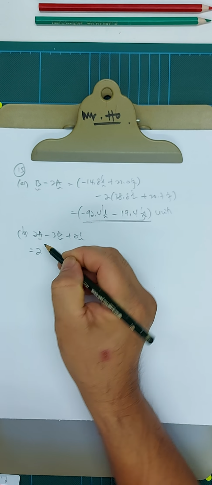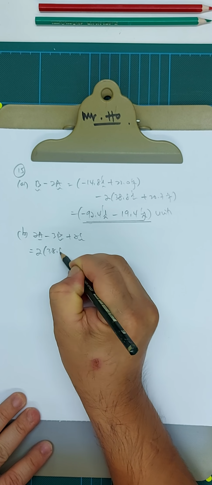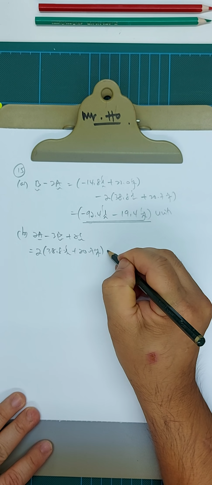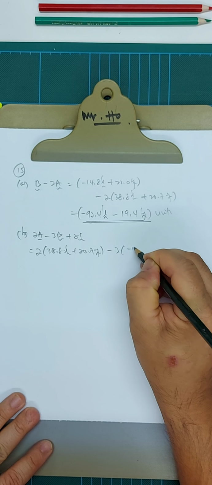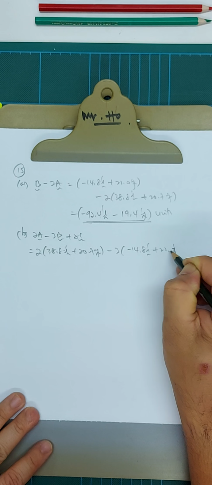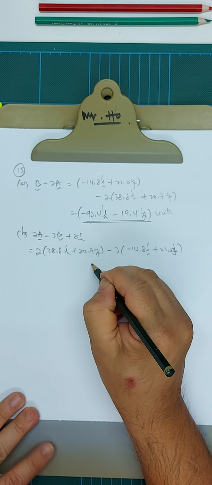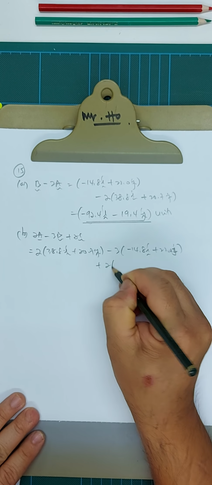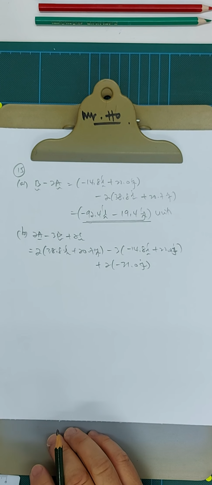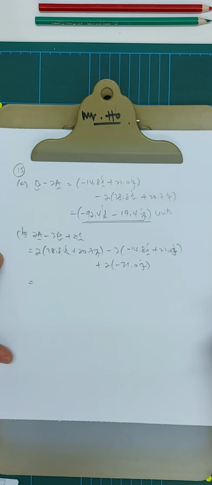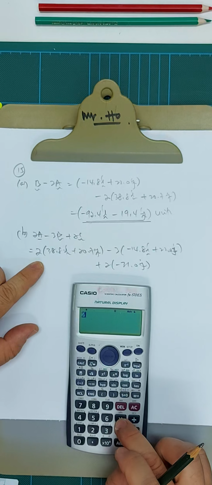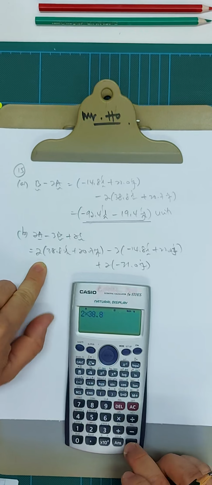We have 2 times a, 38.8i plus 20.7j, minus 3b, negative 14.8i plus 22.0j, and the last one is plus 2c. This one needs a lot of calculator work. First one is 2 times 38.8.